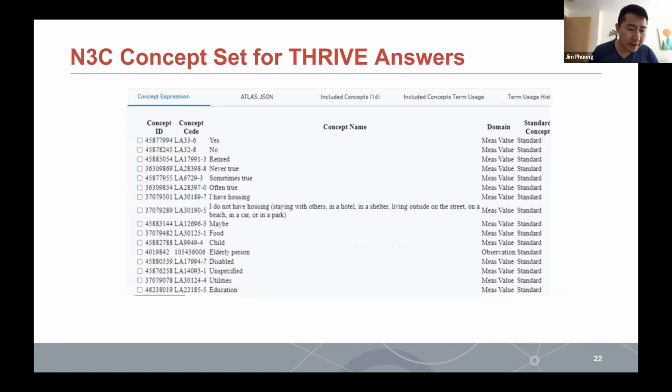We did a similar thing for the answers. So whether the answers for a specific question were yes or no, we're actually just capturing all the possible variations across the questions in that prior concept set. And then we're making this one bin in order to just refer to the answer options coming out on the other side.